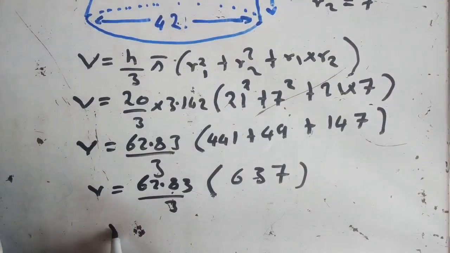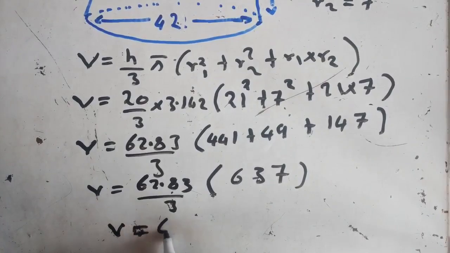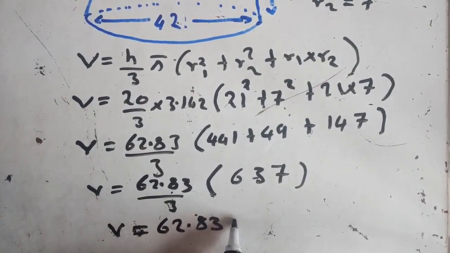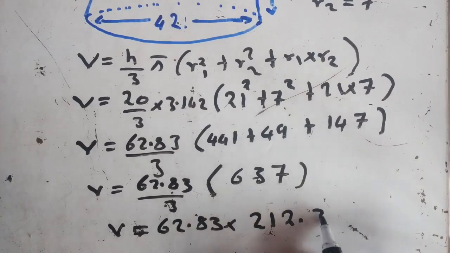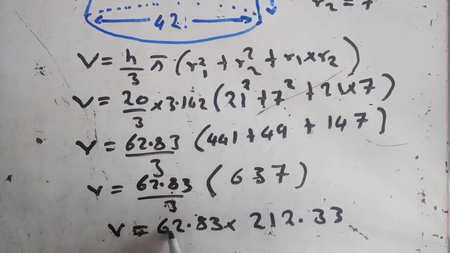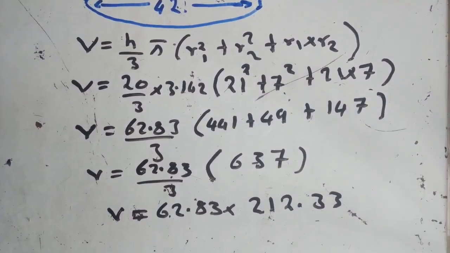Okay, so let's now proceed. So V is equal to 62.83 times 637 divided by 3, which gives us 212.33. Then we just multiply this and this, and that would be your final volume.